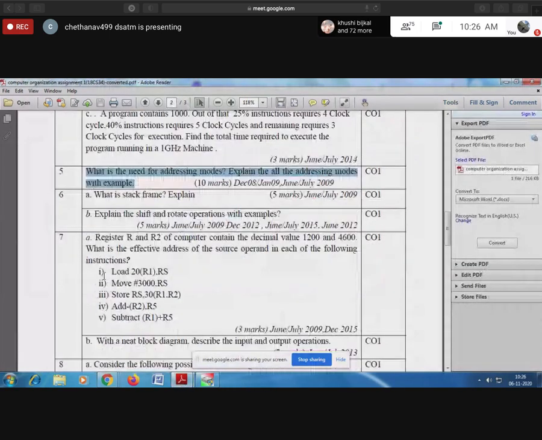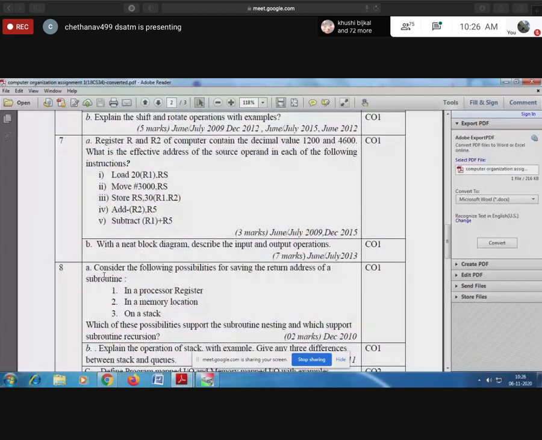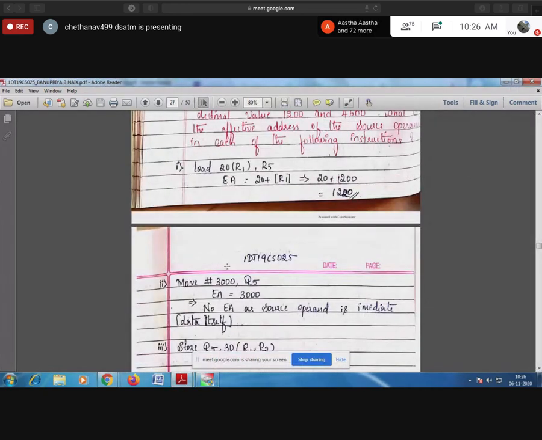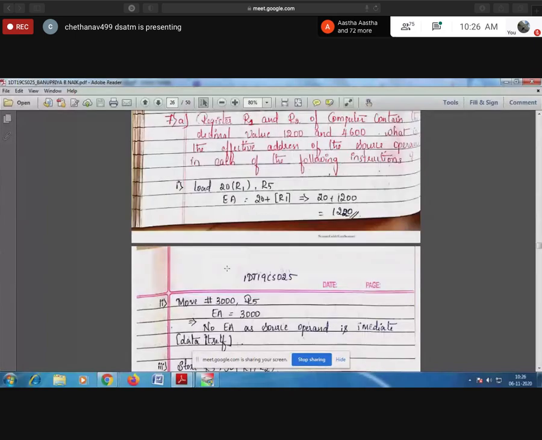Just see the question here. The seventh one is simple: effective address. I want the effective address. For this also we have given an explanation. If you take 20 of R1, what is the effective address of this first operand?